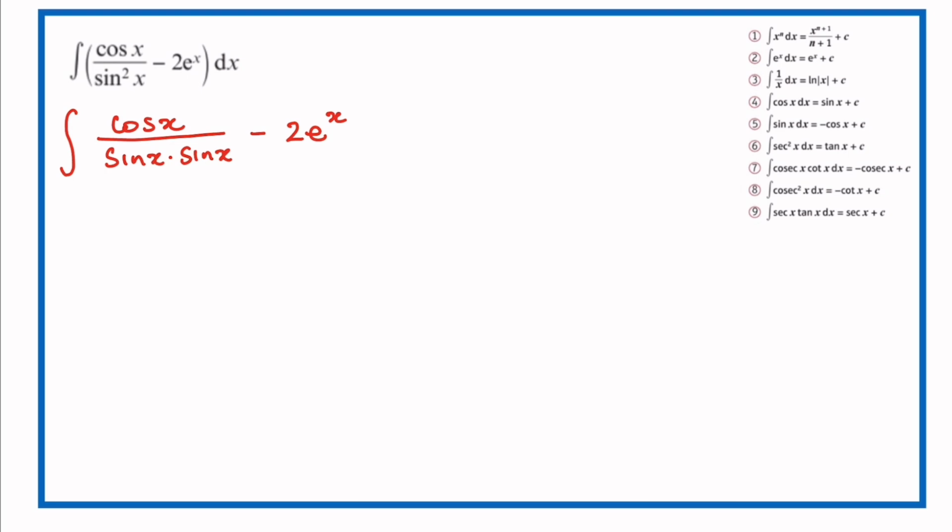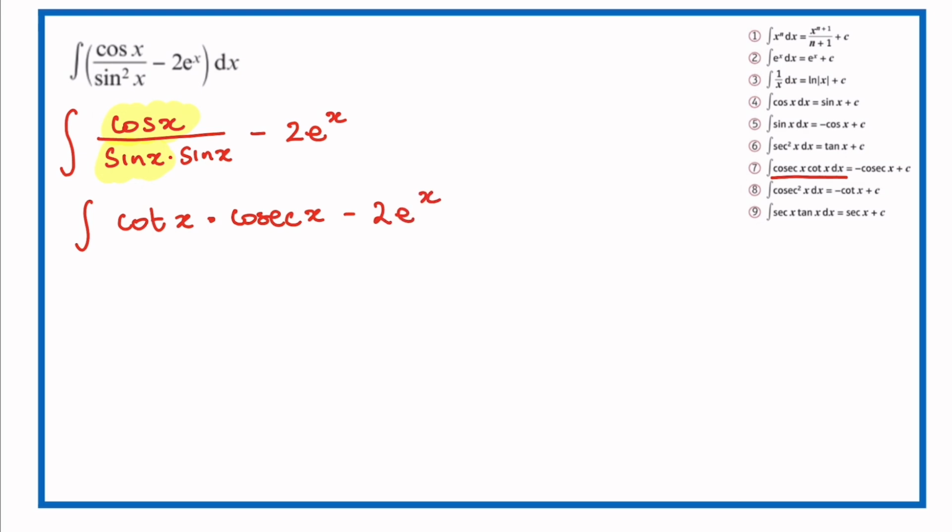Now we can combine them together. Cos x over sine x can be combined to give the integration of cot x times 1 over sine x, and 1 over sine x is the same as writing cosec x. From there I can see straight away that equation number 7 is the one I can use here to integrate, and we still have minus 2e to the power of x.